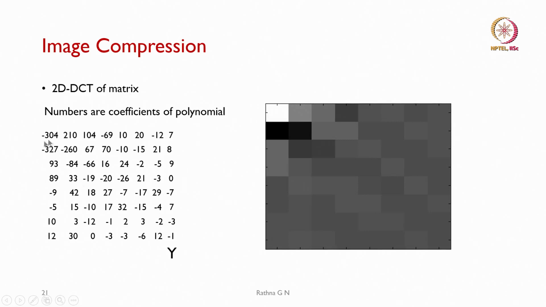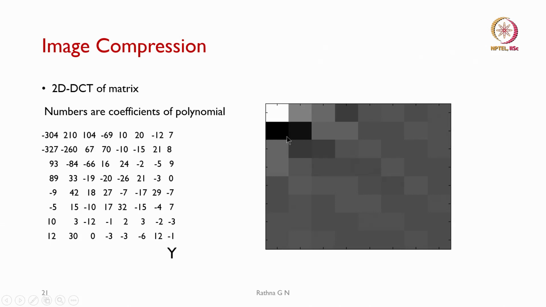We can see the DC is minus 304, which corresponds to 255 white, and then you will see different values, approximately minus 327 and 260 somewhere here.